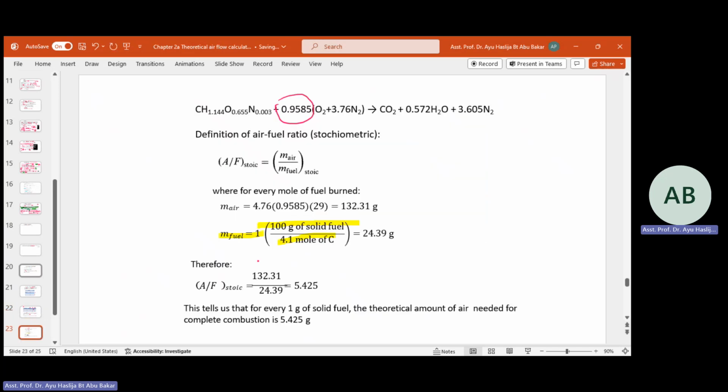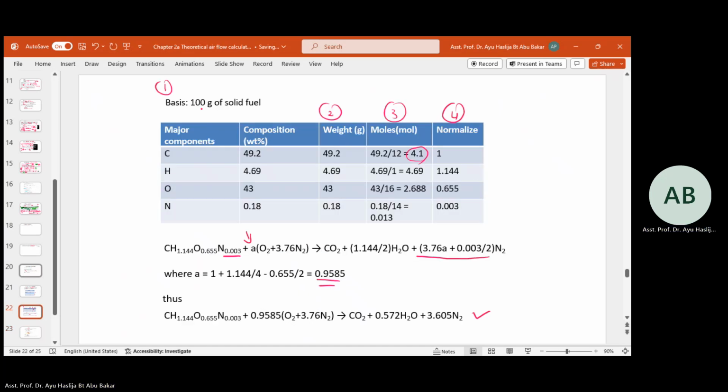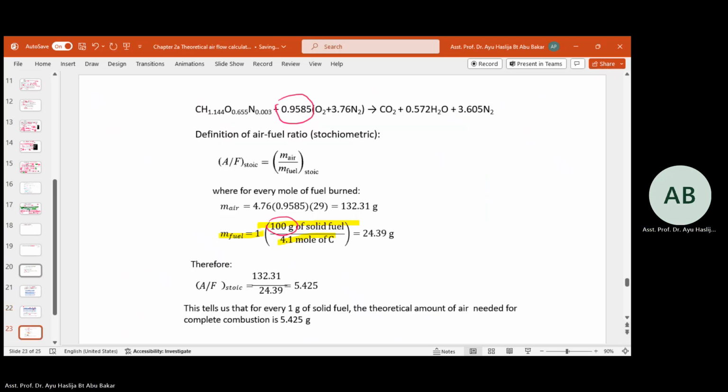The 100 gram is based on your basis earlier. We assume the solid fuel is 100 gram, so from that 100 gram, we have 4.1 mole of carbon. Then 100 gram divided by 4.1 mole gives us m_fuel. Why do we just use carbon and not include the rest?